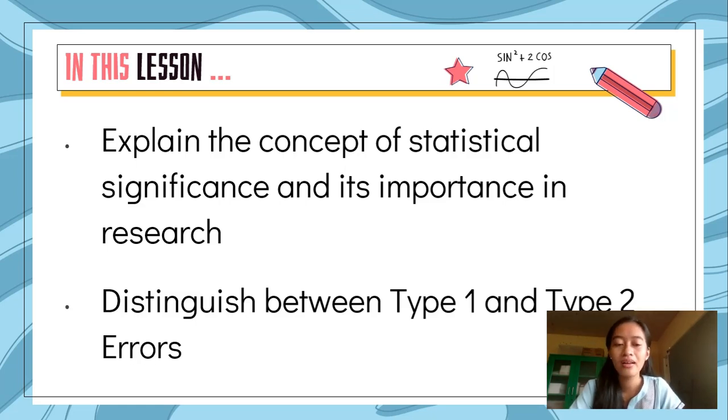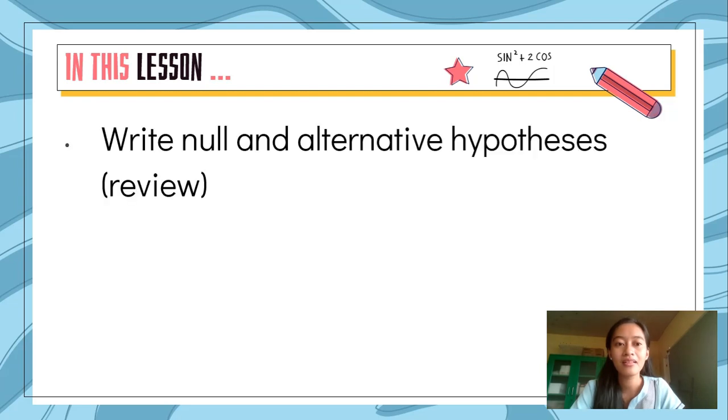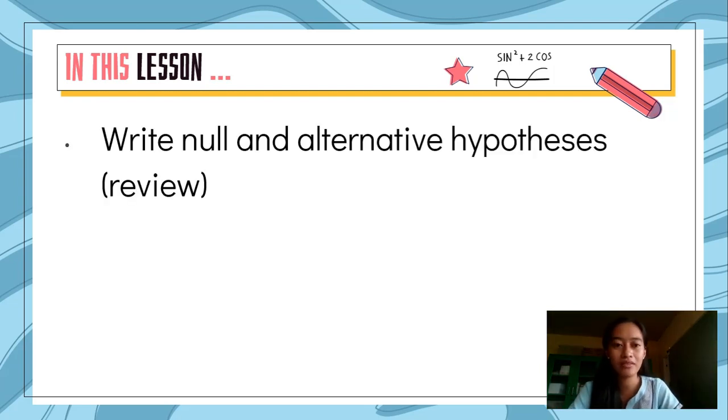We're going to distinguish between type 1 and type 2 errors. There are certain errors that we can commit whenever we make decisions in accepting or not accepting the hypothesis that we made. And as well as we're going to have a review and strengthen our knowledge in writing null and alternative hypothesis.